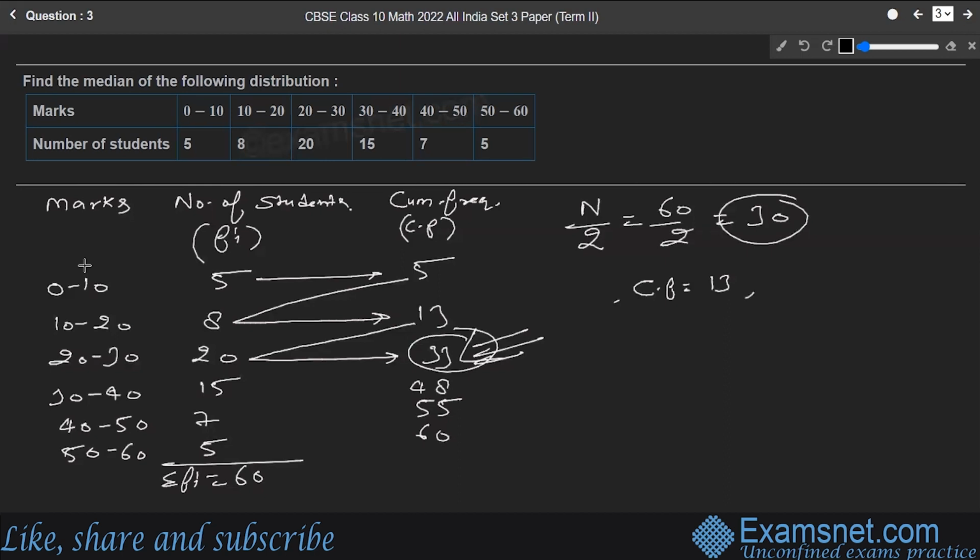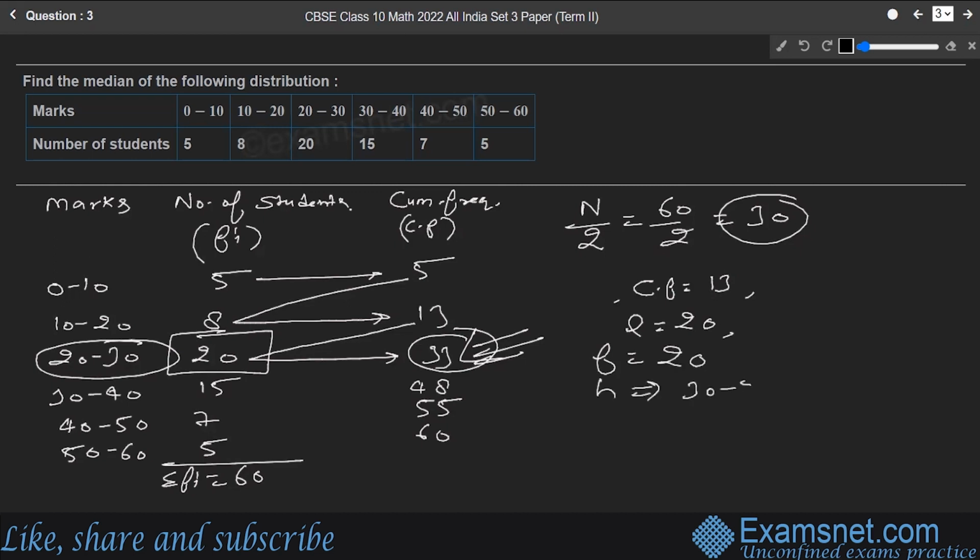And which is the class for this? The class is going to be 20 to 30. So the lower class limit will be 20. The frequency value of this particular class is 20, so f is 20. And the class width is obviously 30 minus 20, that is 10.